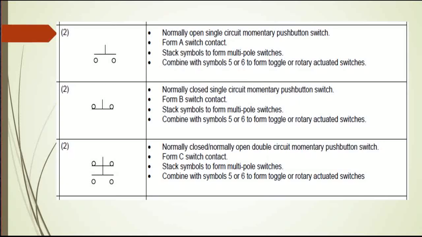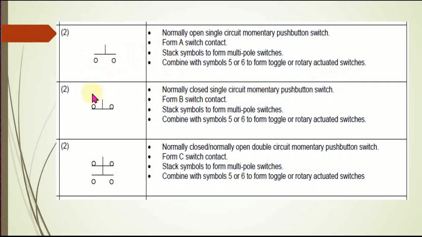We have also here the normally open single circuit, momentary push button switch, Form A switch contact. Stack symbols to form multi-pole switches, combine with symbols 5 or 6 to form toggle or rotary actuated switches.